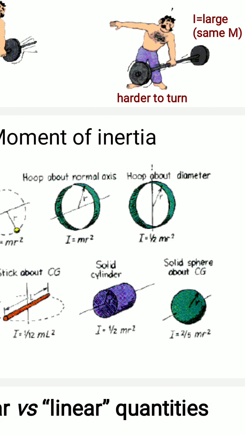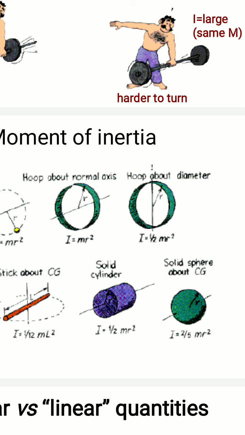Let us now consider the disc. Here the disc can be considered as a solid cylinder having a smaller thickness. So it will have half mr square, which is smaller than the ring. And the next one, the sphere, will have an even smaller value compared to the disc, which is 2/5 mr square.